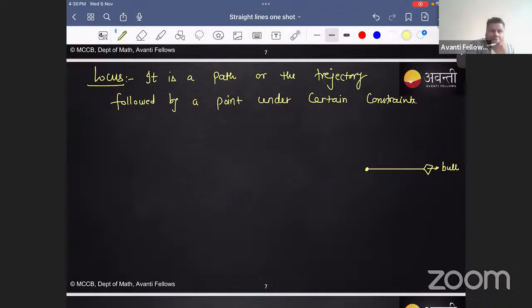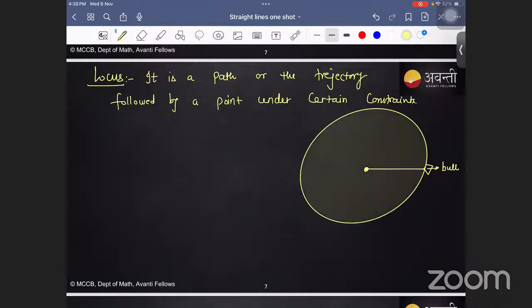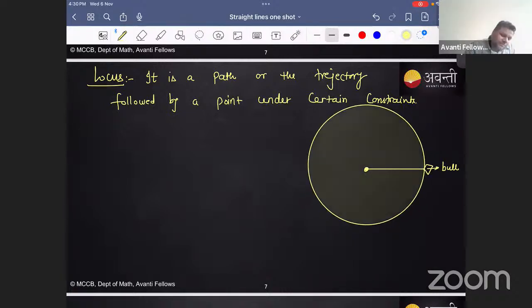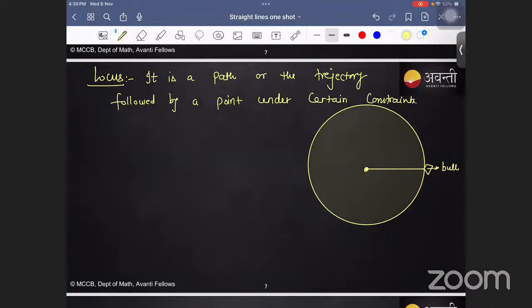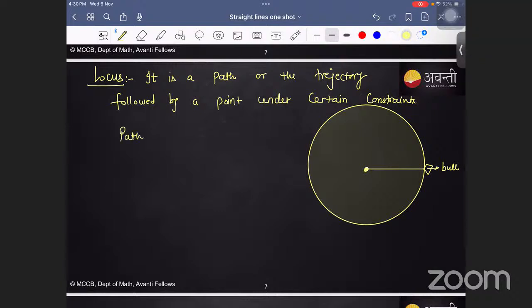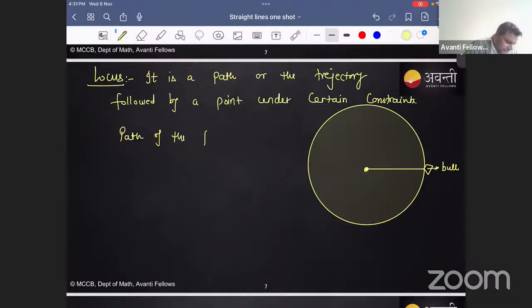Yeah, Vardhan replied, on a circle. Bull is attached to this point, so he will move like this. Yes or no? So path of the foot of the bull, I will say, is a circle. Path of the foot of the bull is a circle. Yes or no?